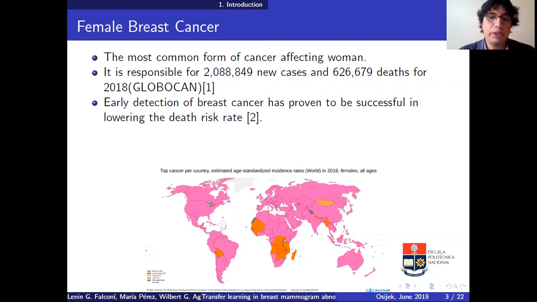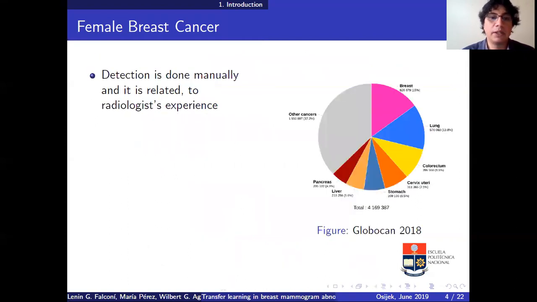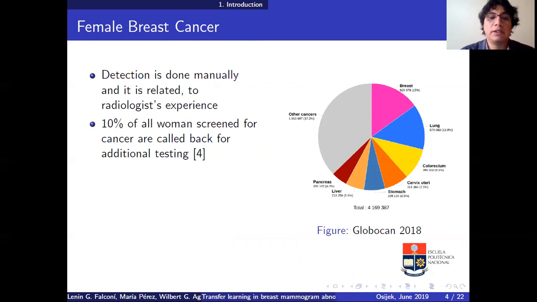What has proven to be successful in lowering that risk is early detection. And this early detection is mostly based on mammography, which is the gold standard for screening. However, detection is actually done manually, and it is related to radiology experience. This has been registered as 10% of all women screened being called back for additional testing.